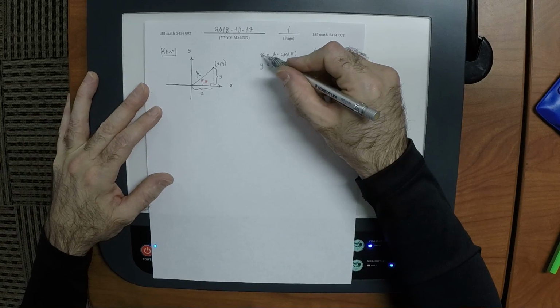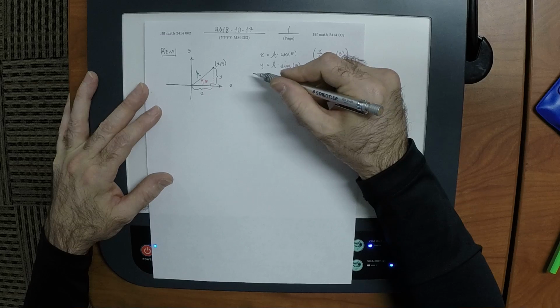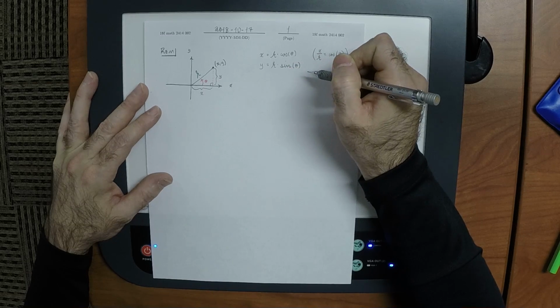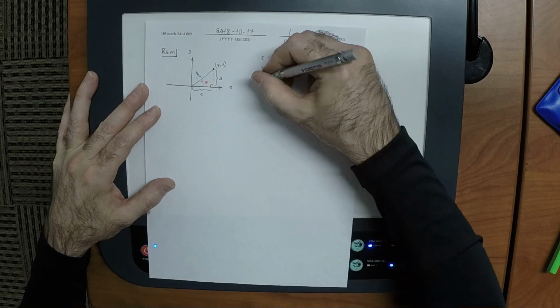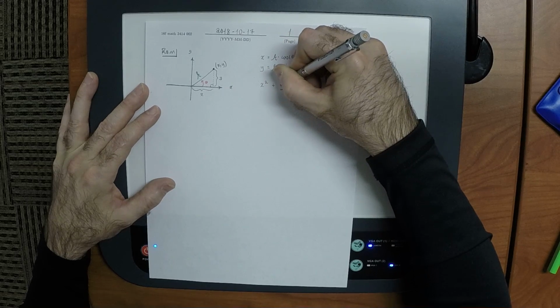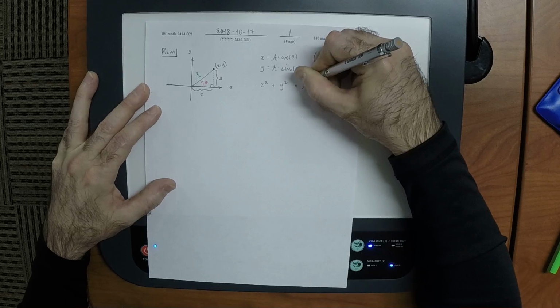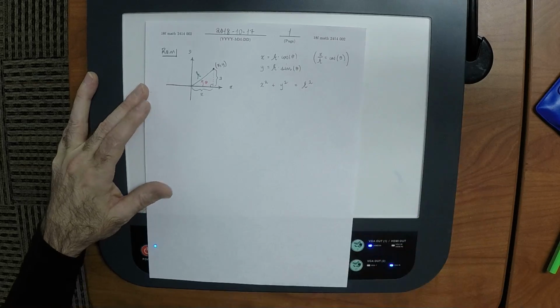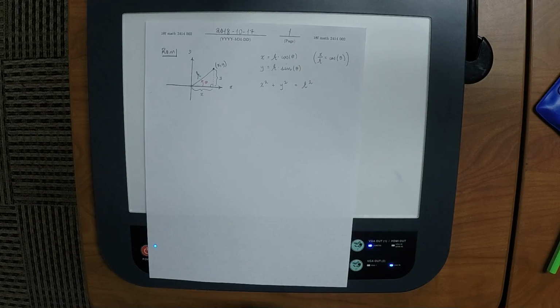But notice if we square the first equation and square the second equation and then add them together, we get x squared plus y squared is r squared. Of course, in some sense, that's just the Pythagorean formula.